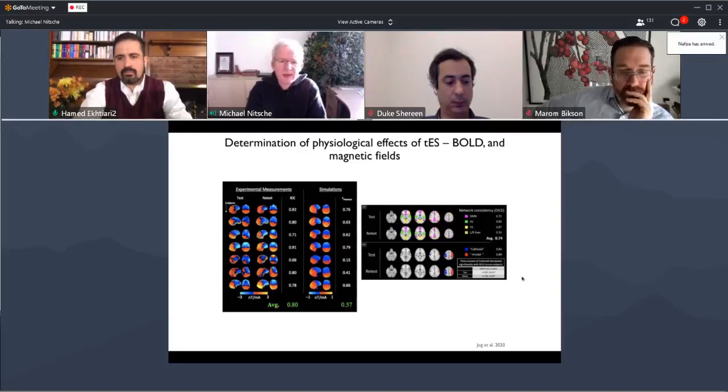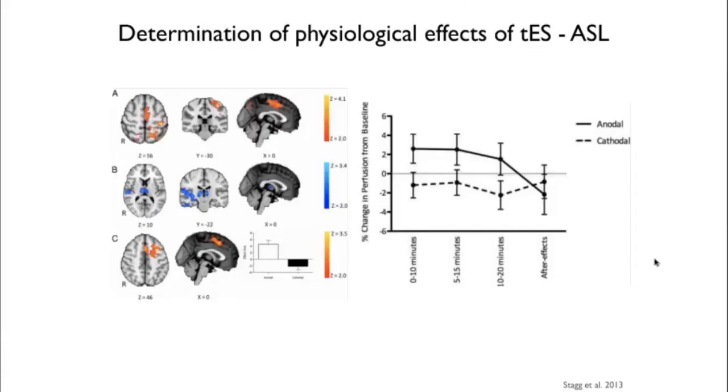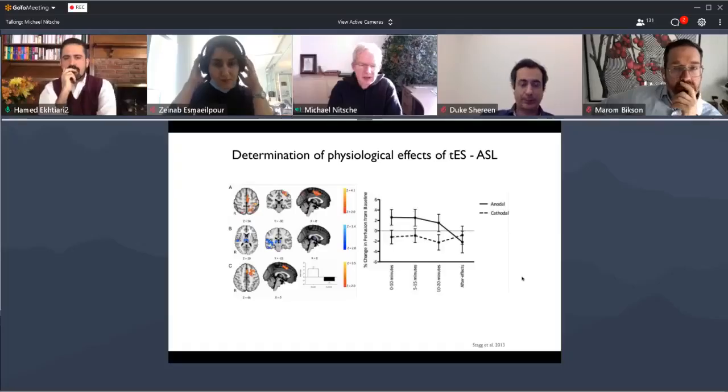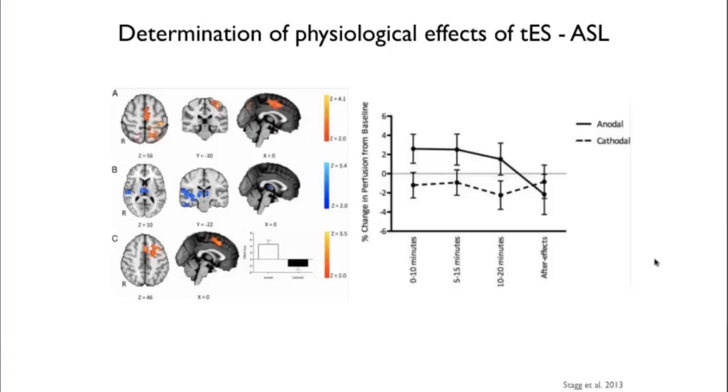Next slide, please. So we can not only do BOLD fMRI to look for physiological changes induced by TES, including tDCS, but another measure is arterial spin labeling, which measures cerebral blood flow. I think the first study done in this domain was by Charlie Stagg's group. They did dorsolateral prefrontal stimulation, and what you can see on the left side is an enhancement of cerebral blood flow with anodal tDCS and a reduction with cathodal tDCS.